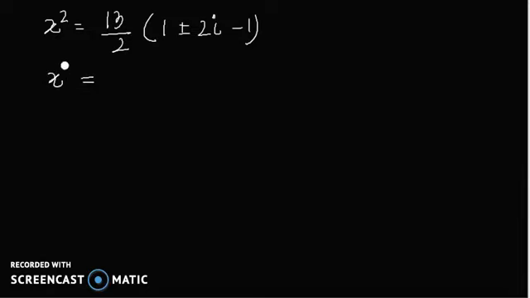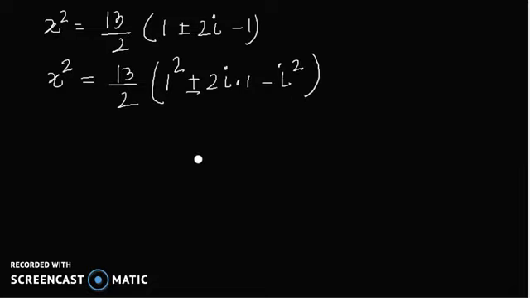And then from here we can write further x square equal to 13 by 2. For 1 we can write 1 square plus minus 2 times i times 1, and then we can write minus i whole square. So hope it is clear. It will be plus i square. Sorry, i square is minus 1.